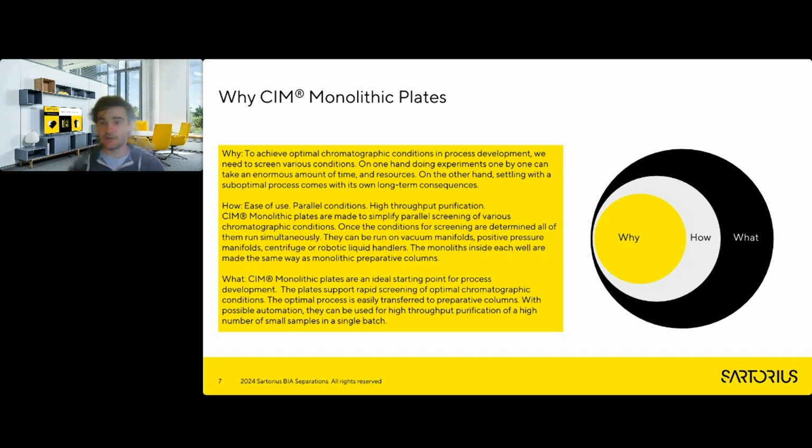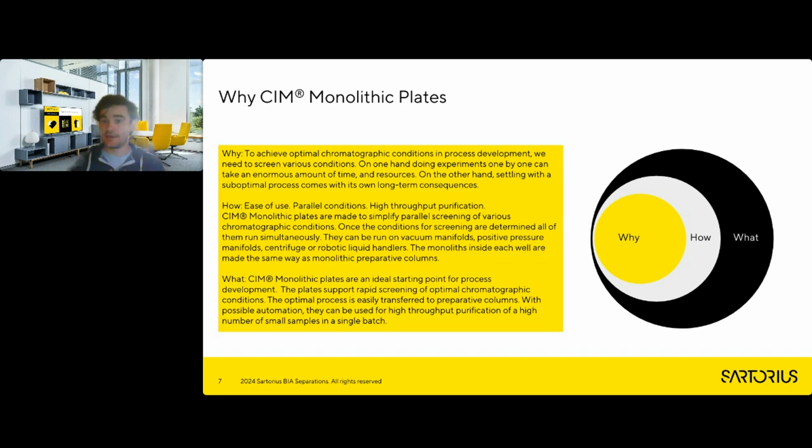We have found that we always need to make a balance between an optimal process, where we spend a lot of resources and time, or a slightly suboptimal process, where we lose less time, but this suboptimal process can bring its own long-term consequences. So we decided to put the monolith inside the plates.